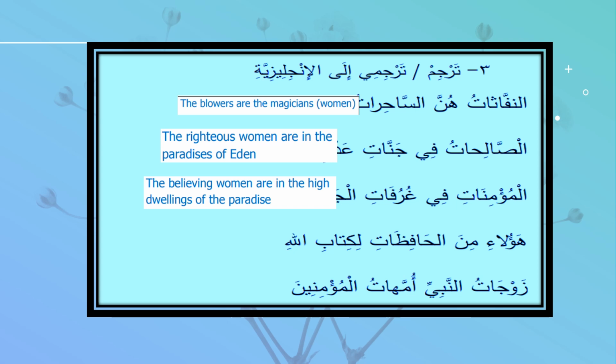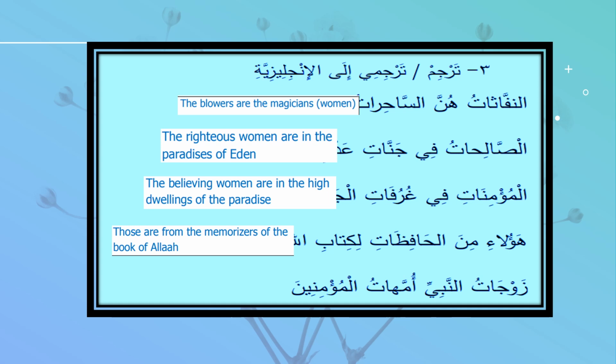Kitabillahi. So these are from the Hafizat for the book of Allah. So let's check the answer. Those are, it should be these because it's haulai. These are from the memorizers. Hafizat may mean protectors. Hafizat may mean the ones who memorize. Memorizers of the book of Allah.